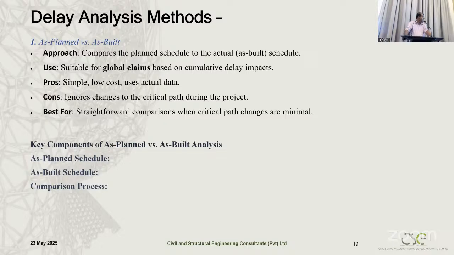And how we are going to analyze with this method is we compare the as planned schedule with the as built schedule. From there, we identify which activities have been delayed, and whether these activities affect the critical path. If it is affecting the critical path, we directly get project delays. If it is affecting non-critical activities, sometimes we may get delays to the completion of the project, or sometimes we will not.